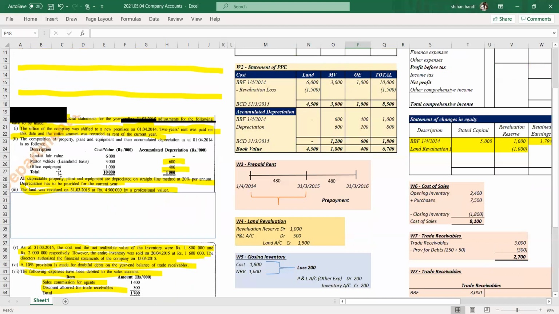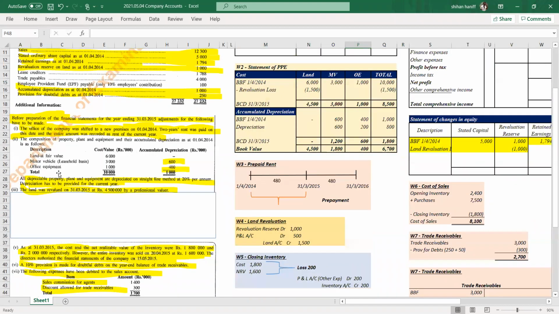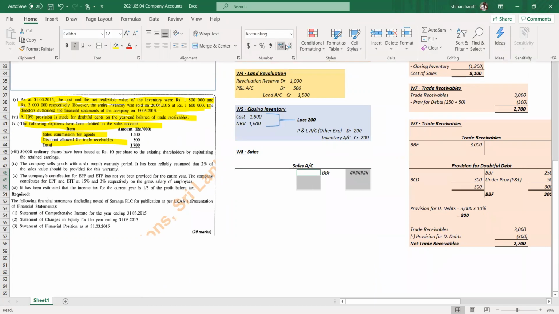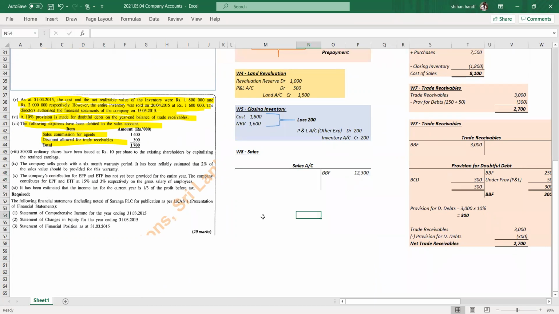Sales was 12,300. And these two expenses debited to sales account means we have to credit. So credit means sales will increase.